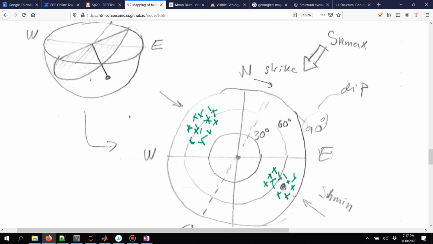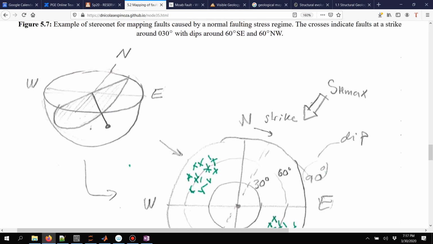A stereonet is a plot in which what you do is you plot a perpendicular line to a plane, like for example in this case this will be our fault plane. You trace a perpendicular line, and where that perpendicular line going down intersects a lower hemisphere projection, that's what we call a pole.